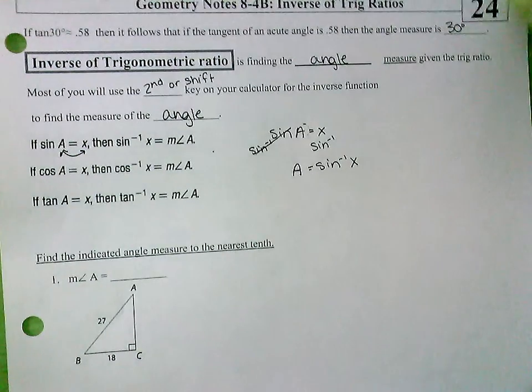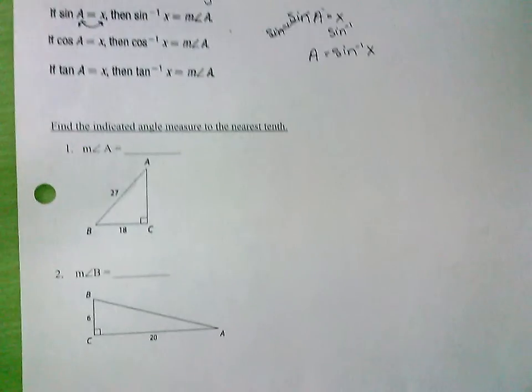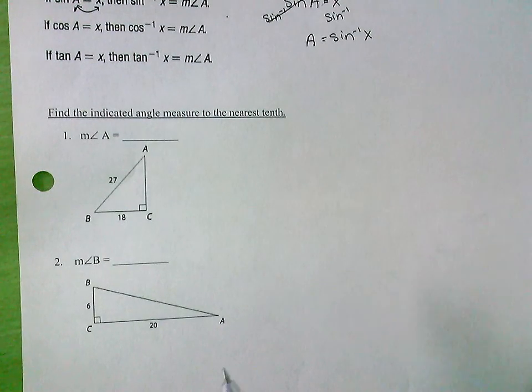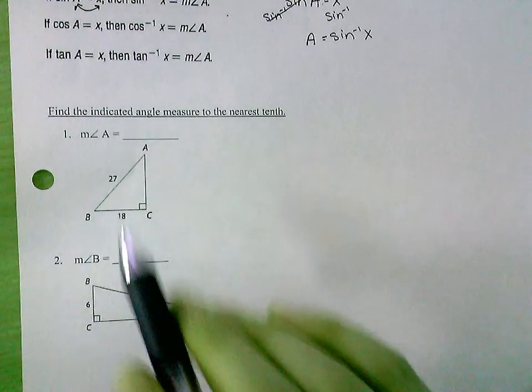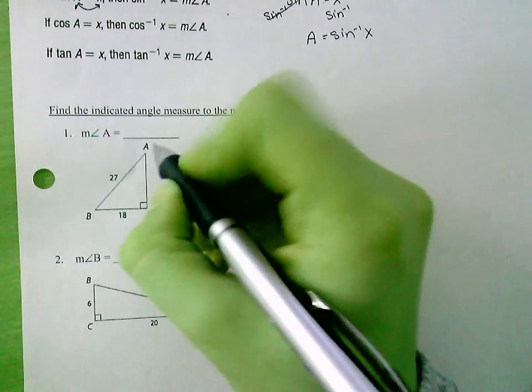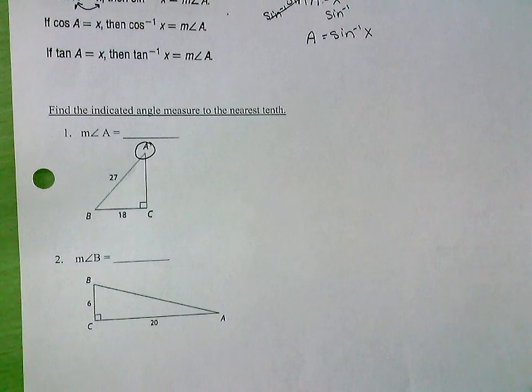So looking at some practice problems here, I think you'll find this a little bit easier than what we did yesterday even. We want to find the indicated angle measure. In this case, we want to find A. We're looking for this angle here. From that angle, we still need to identify the sides that we have, just like we did yesterday, to figure out if I'm using sine, cosine, or tangent.